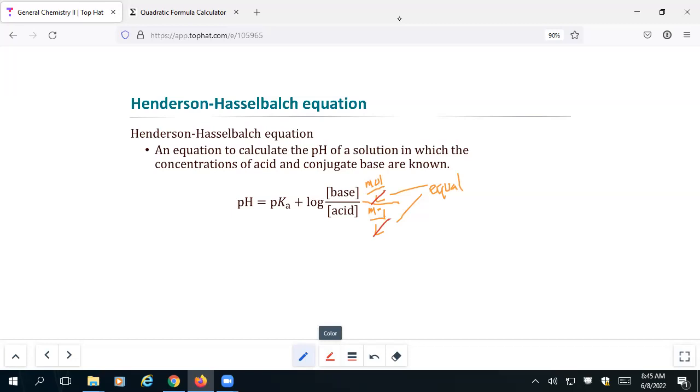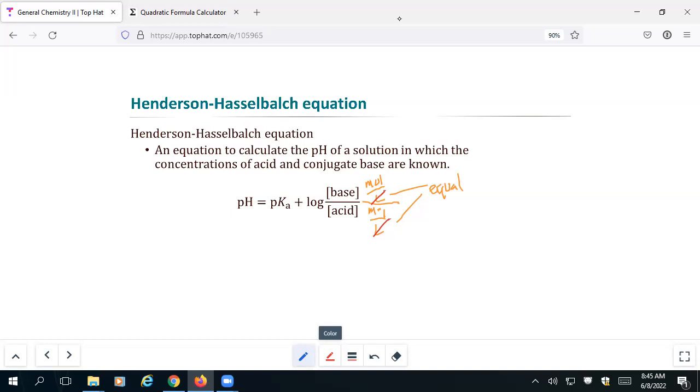And why that's important is because a lot of times we make solutions like these where we're combining one solution with another. And so the 2 solutions dilute each other in the process of combination. So if I have to use calculations of concentration, I have to first apply the dilution equation to each solution, then use the Henderson-Hasselbalch equation.